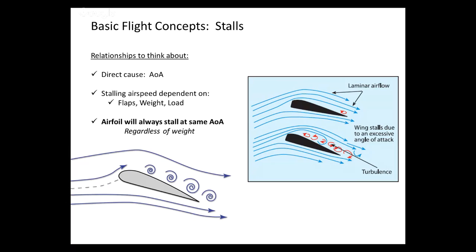So your aircraft will stall at a different airspeed depending on how heavy it is, whether you've got flaps deployed, landing gear deployed, where the weight is loaded in the aircraft, stuff like that. So just know the airspeed can change, but the angle of attack will always be the same. Okay.